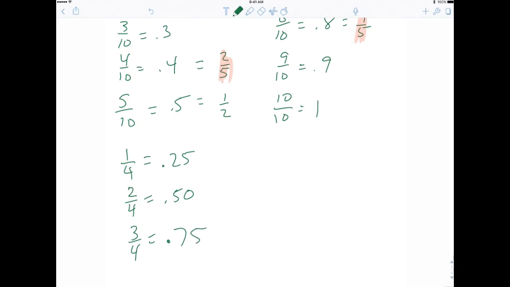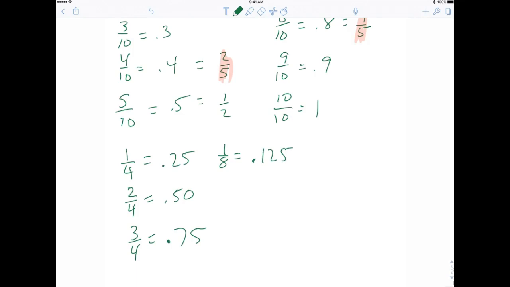All right? Now, the next one I want to do is I want to show you the eighths. Now, not many people know the eighths, but I want you guys to know the eighths because I think you're smart. All right? So when I do 1/8, I want everybody to be able to tell me that's 0.125. And now what somebody's supposed to say is, well, how am I supposed to know that?